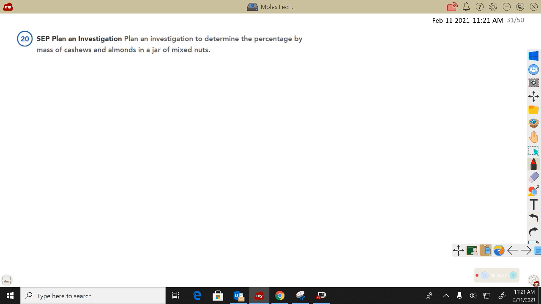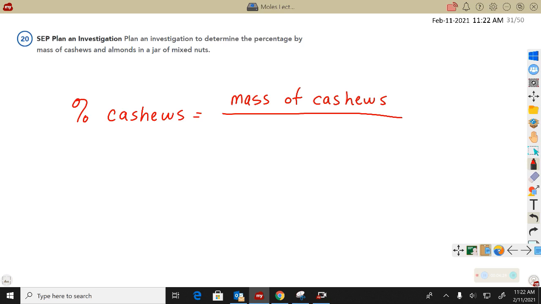So in question 20, when they want you to come up with an investigation to determine the percent by mass of cashews and almonds in a jar of mixed nuts, were you thinking something like percent mass of cashews would just be the individual mass of all the cashews divided by the mass of the sample, the jar of mixed nuts?